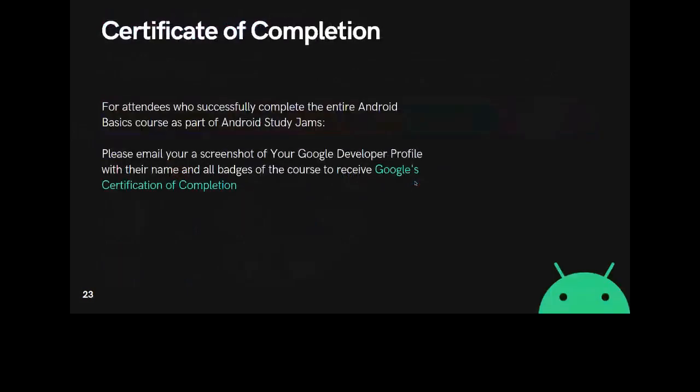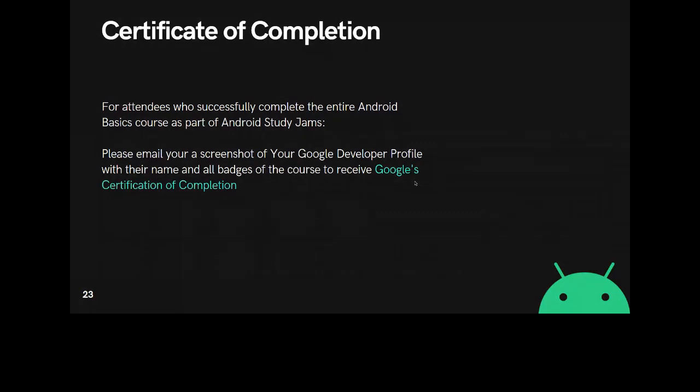Google is also providing their official certificate of completion for this course, unlike the associate Android developer certification, and it is completely free. What you need to do is simply complete this course. You can take your time, anywhere before January 10th.